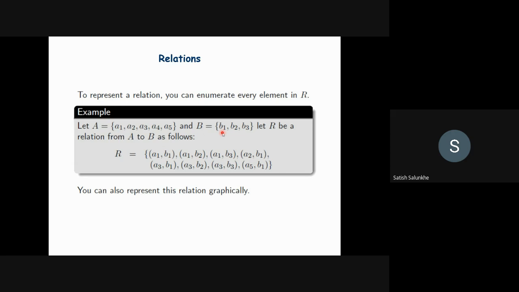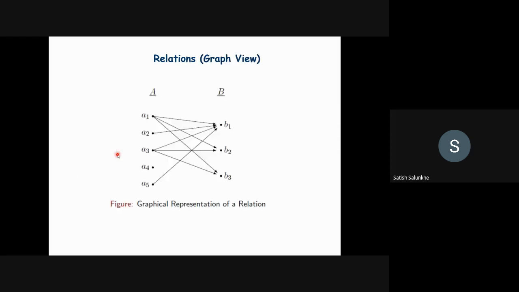This is one element belonging to A cross B. A1, B2, A1, B3, A2, B1, A2, B2, A2, B3, A3, B1, A3, B2, A3, B3, A4, B1, A4, B2, A4, B3, A5, B1, A5, B2, A5, B3, likewise. And you have been given relation R. It is also from set A to set B and has elements like A1, B1, A1, B2, whatever. So you can identify this relation R is a subset of A cross B.